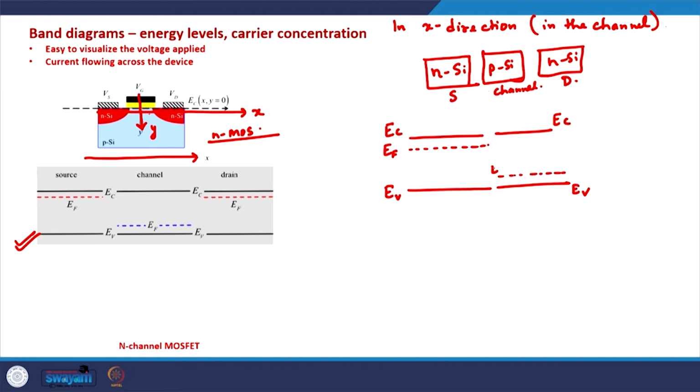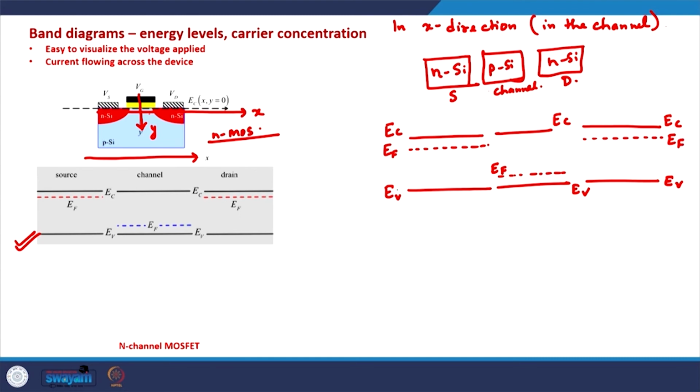valence band maxima. Similarly, in the N-type drain terminal, we have the valence band, the conduction band, and the Fermi level is again quite close to the conduction band minima.